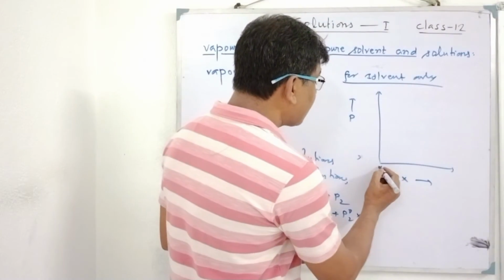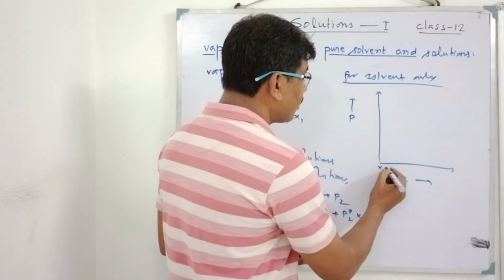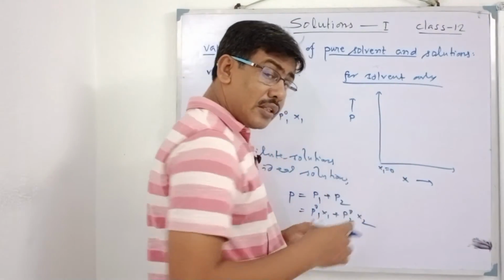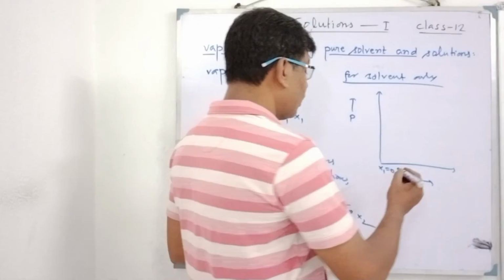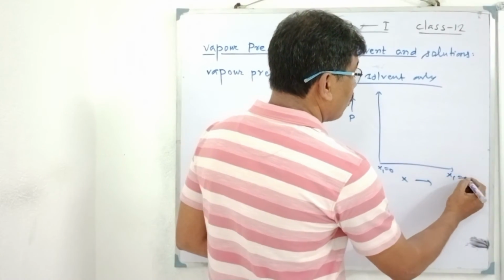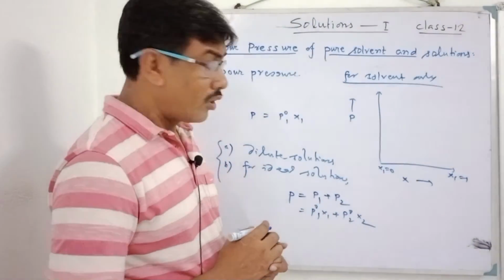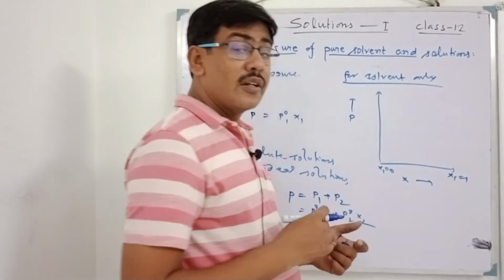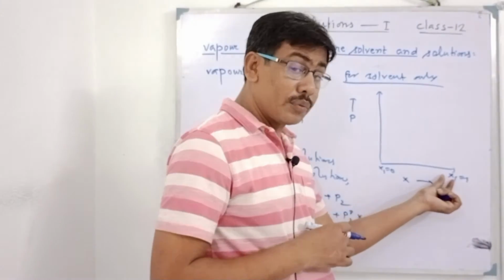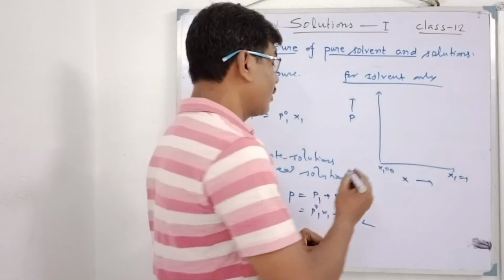At x1 equal to 0, if you increase x1 from 0 to 1, the vapor pressure increases as the mole fraction of the solvent increases.